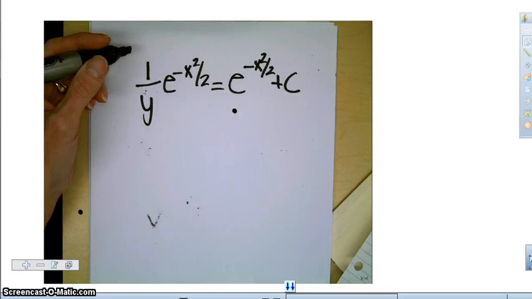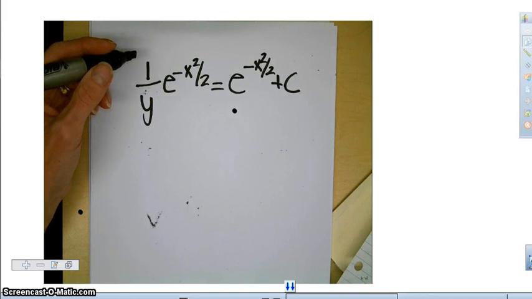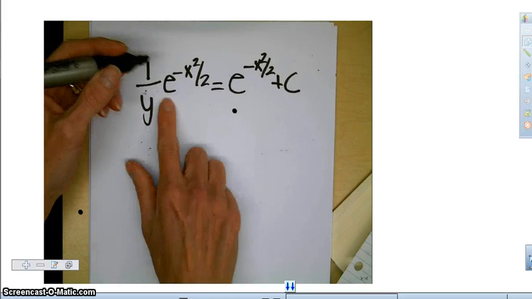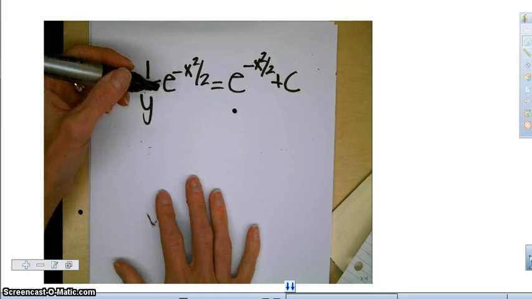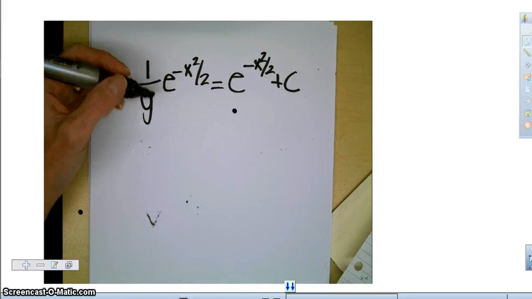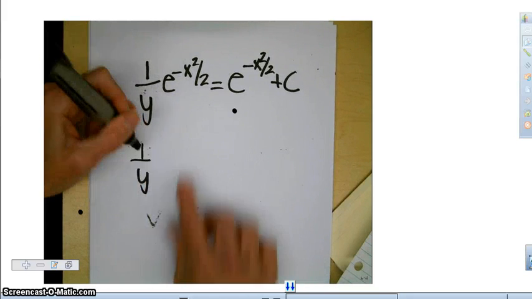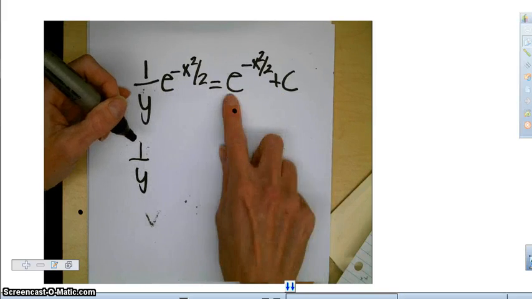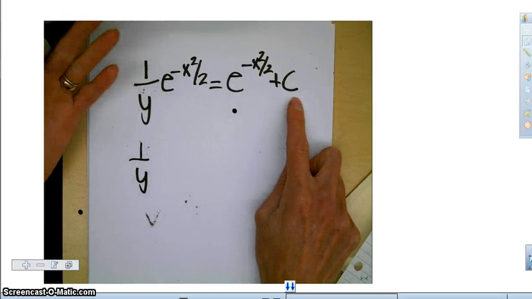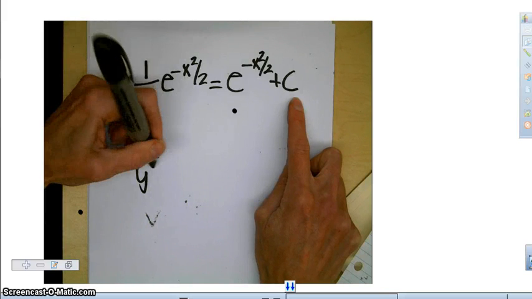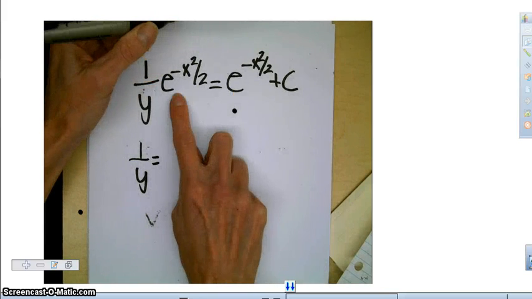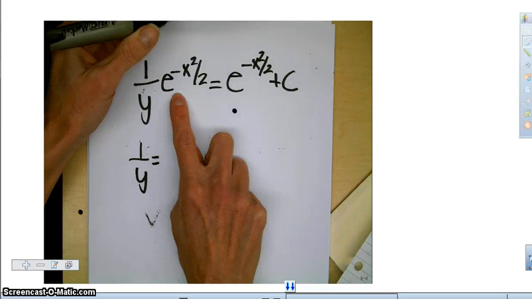So, I mean, we could go through a bunch of steps to try to get this a certain way, but here's what I'm going to do. I'm going to leave this as 1 over y for now. I'm going to divide both sides, both parts by this. Kind of like we would have done before, right? Okay. So I'm going to divide by that. So what's this divided by e to the negative x squared? 1.